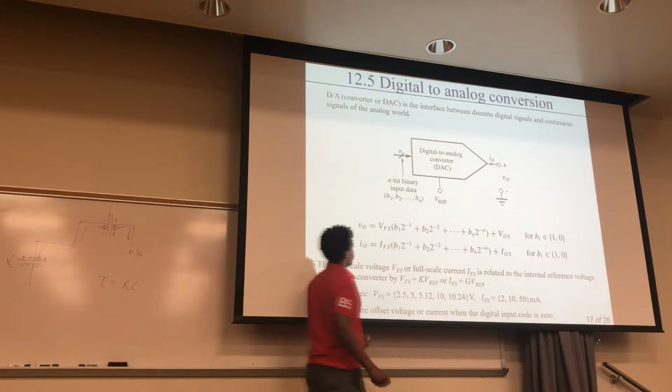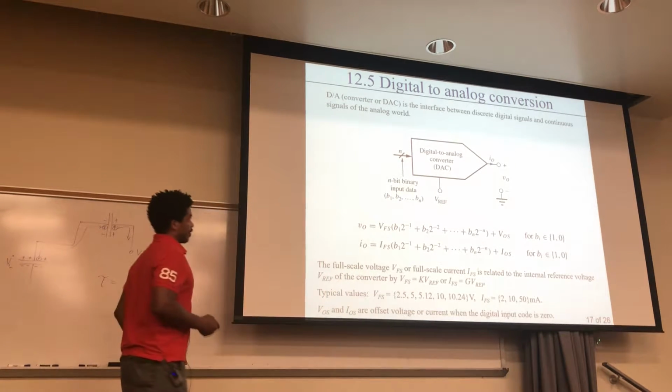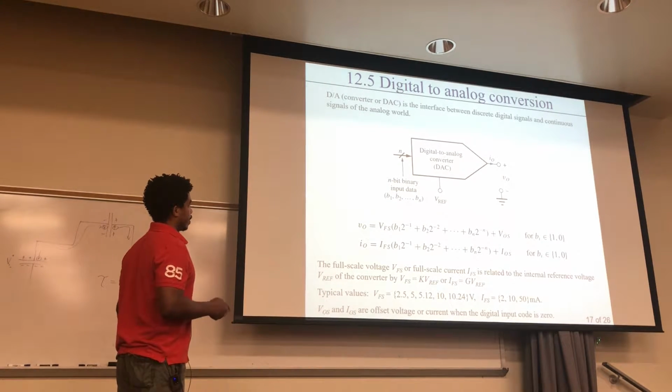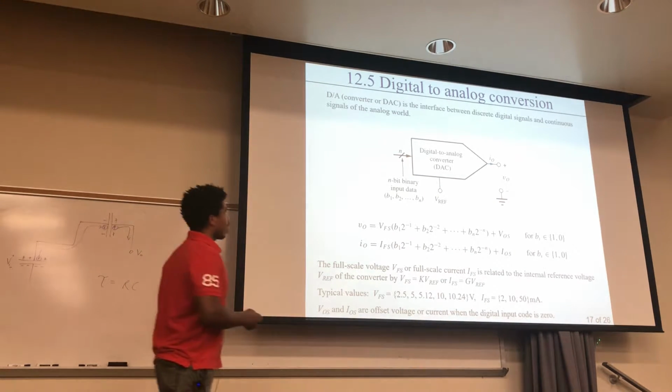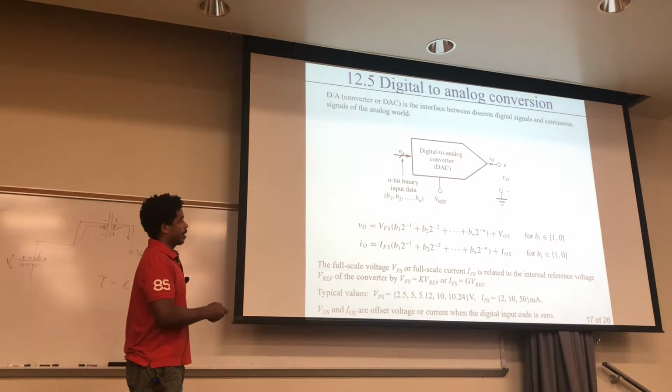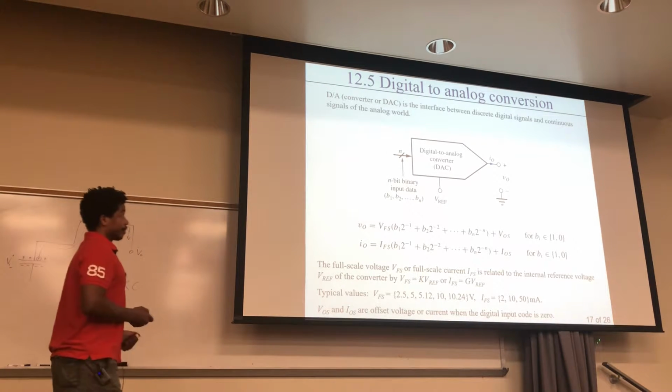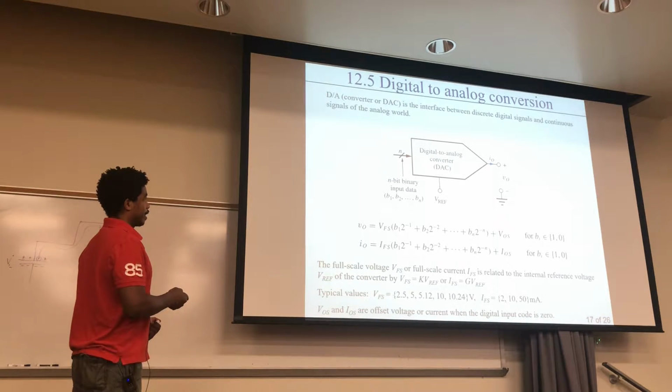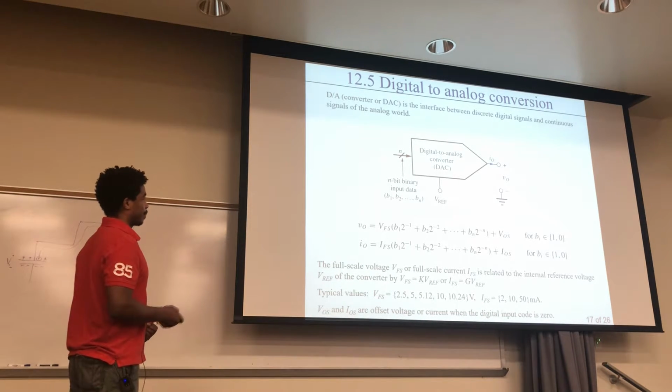So you have your least significant bit and your most significant bit in this. And you also have some offset. The offset is what you get when you have no signal coming in, no bits coming in. Whatever this is, it's your offset voltage. And you may want to zero that out. But these bits right here are just ones and zeros because it's binary.